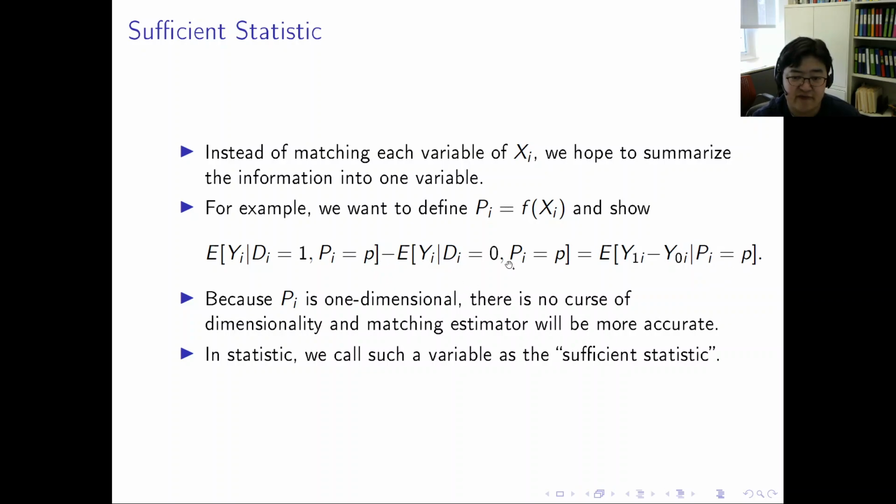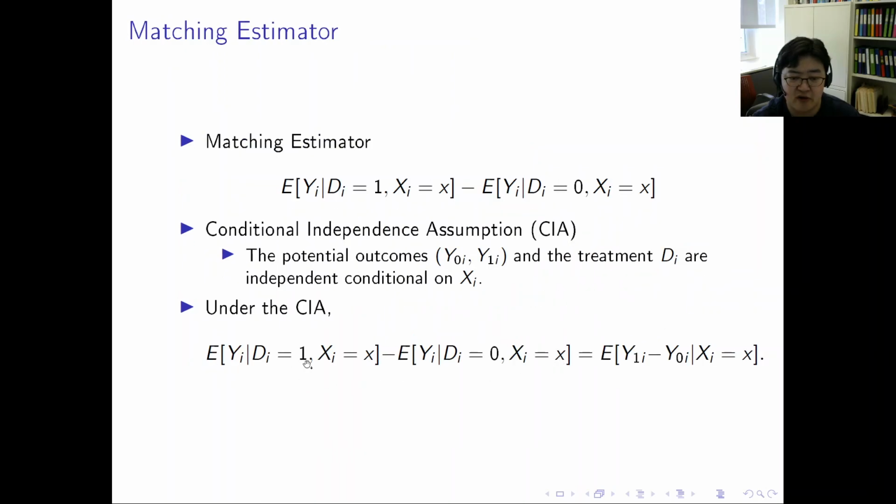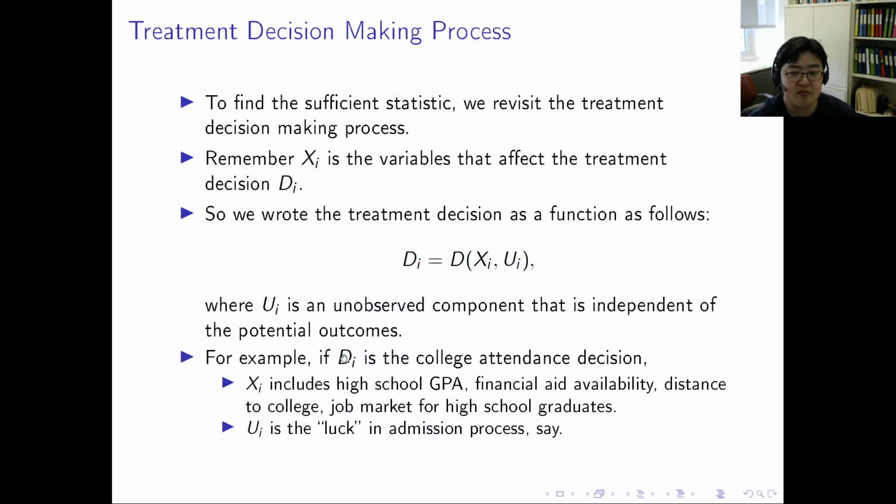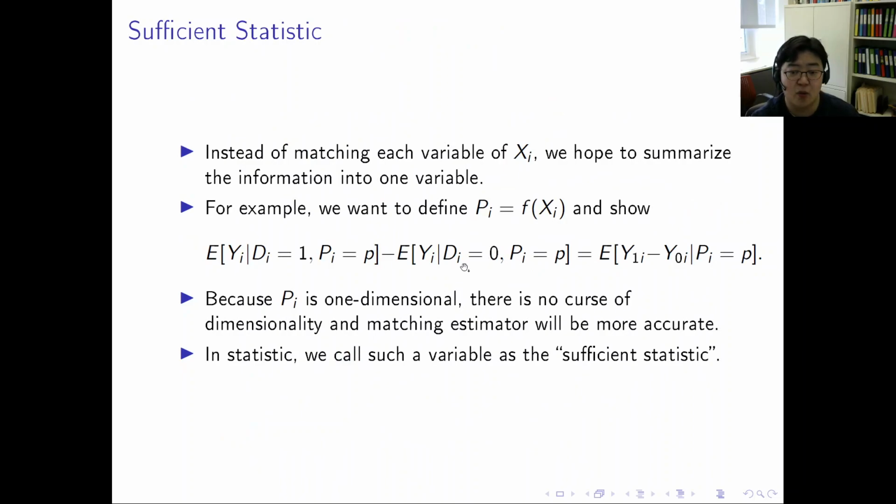As you can see, if you compare this statement to the earlier one, the new variable p replaces x. The p is playing the same role as x in our original matching estimator. So this is exactly what we want.